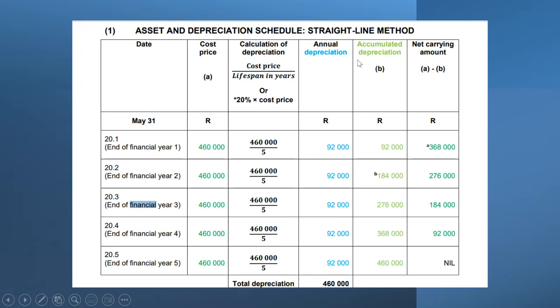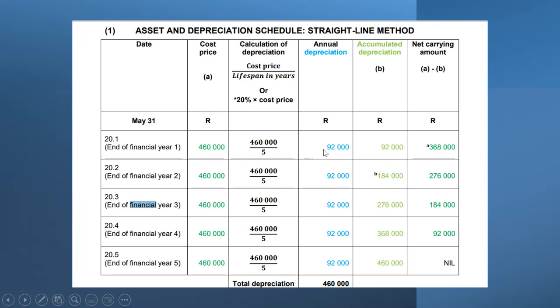Then what happens if we move to the next column, for the financial year ending at year 2? Under your accumulated depreciation, you will see now your accumulated depreciation is 184,000. When I explained earlier, I said all the depreciation that relates to each accounting period is added together, and it is called what? Accumulated depreciation.